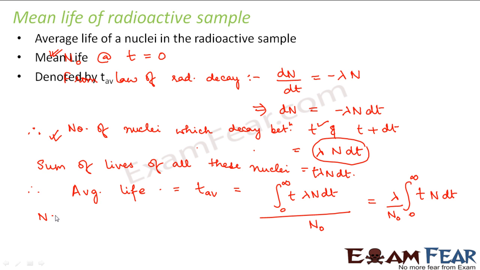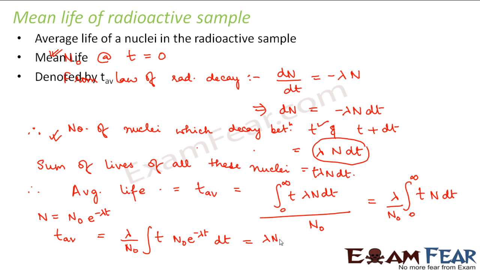Now from the exponential law of radioactive decay, we know that N is equal to N naught e to the power minus lambda t. So we put this value in this expression. So what do we get? We get T average is equal to lambda divided by N naught integration of t N naught e to the power minus lambda t dt. This N naught again being a constant, we can take it out.